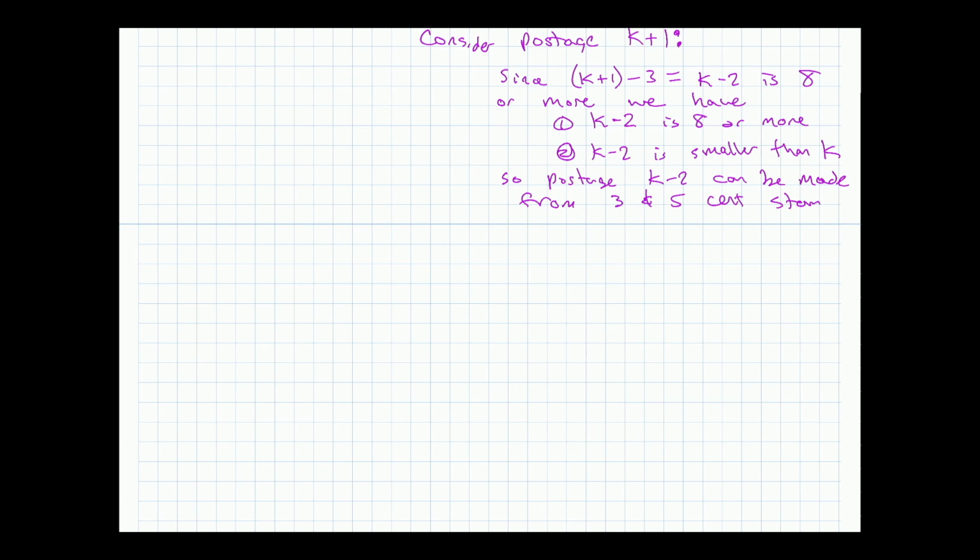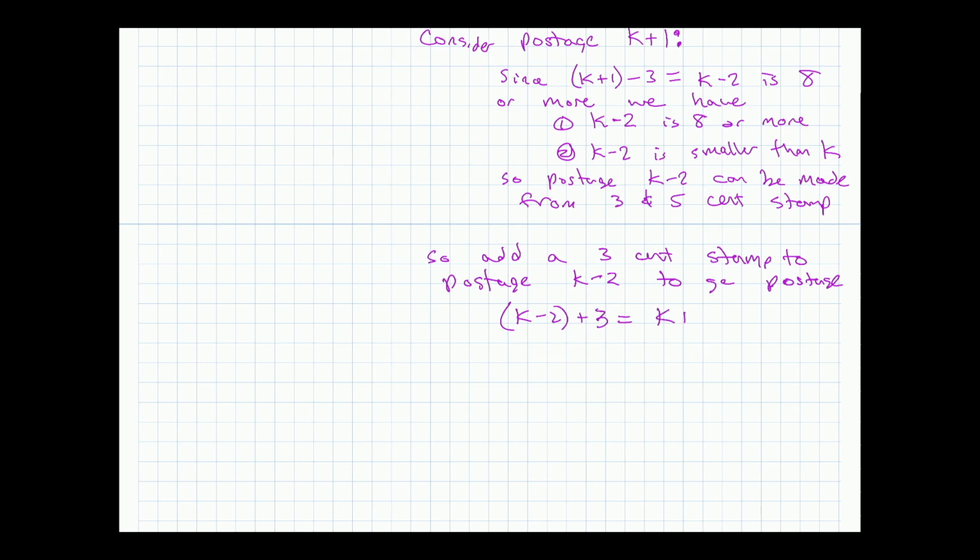So you can make postage K minus 2. So once you have postage K minus 2, you add a 3-cent stamp to it. So to get postage K minus 2 plus 3, which is K plus 1.